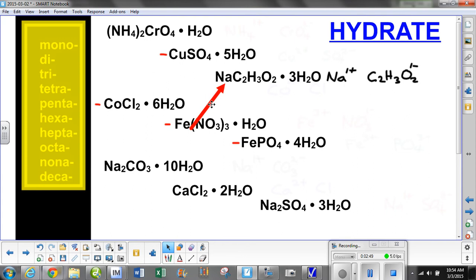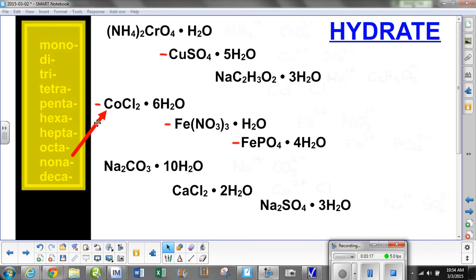So let's name this guy sodium acetate trihydrate. And so the trihydrate would be 3, and the prefix here is tri. So for the same reason, this guy was 5, and so penta went along with the copper sulfate, or the copper 2 sulfate. All right, so let's move on.